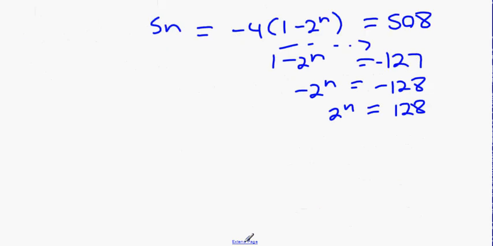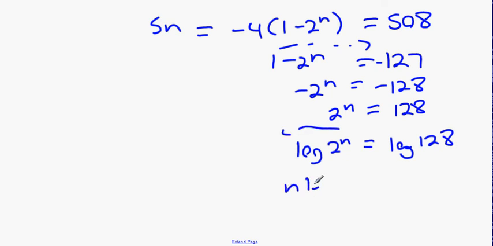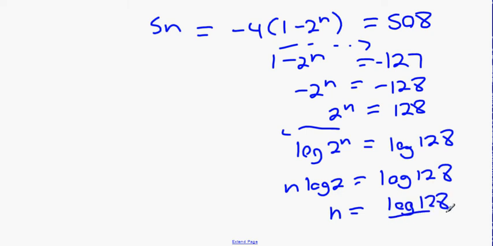Now how many 2's when you multiply them together give you 128? Well, I can log both sides. Log 2 to the power of n equals log 128. Bring the n to the front. n log 2 equals log 128, and n equals log 128 all over log 2.